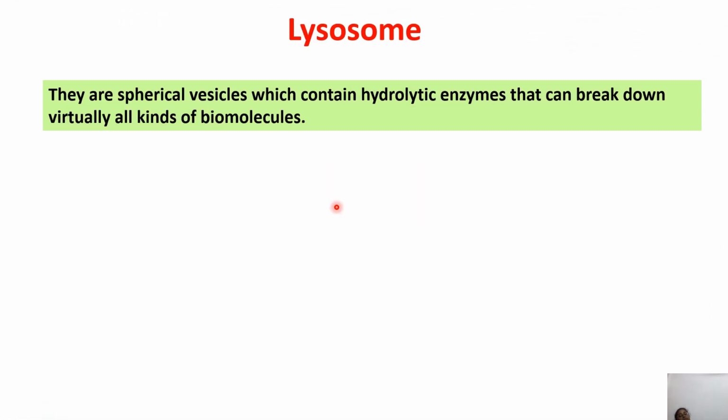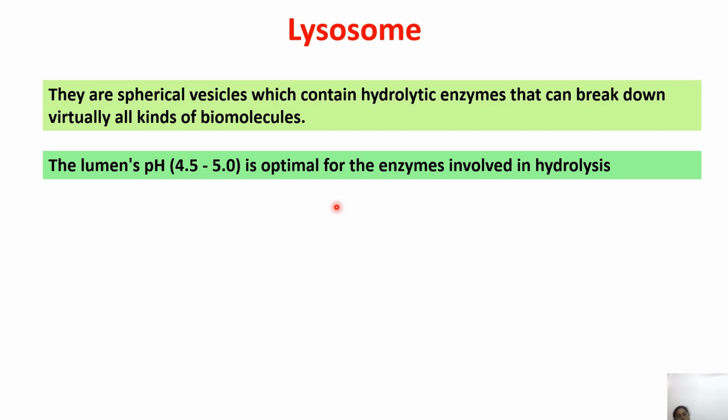Lysosomes are basically spherical vesicles which contain hydrolytic enzymes that can break down virtually all kinds of biomolecules. As you can see, the lumen's pH is 4.5 to 5, which is very acidic, and it is optimal for enzymes involved in acidic hydrolysis.